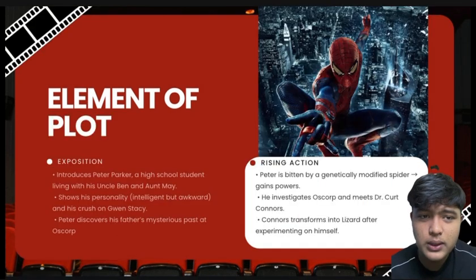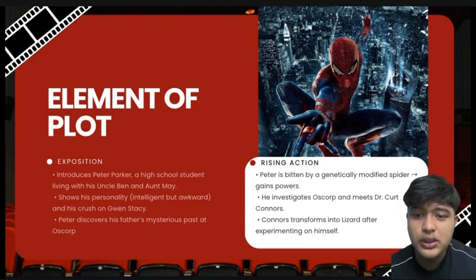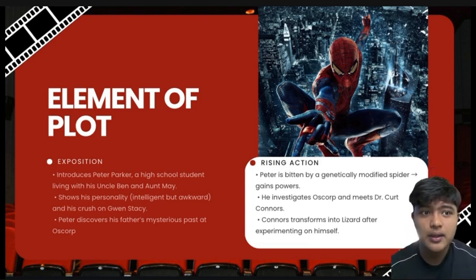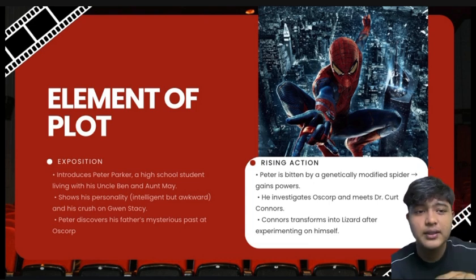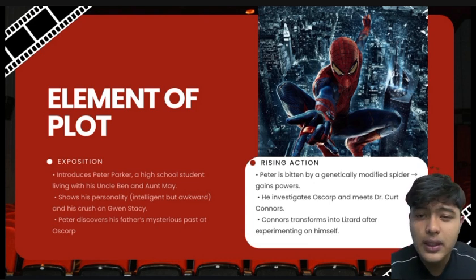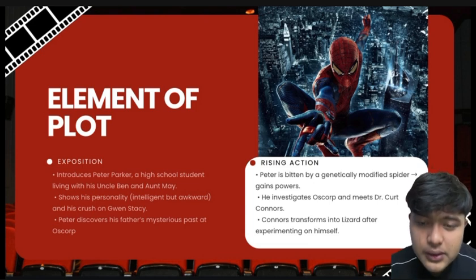Okay, for the next slide, we have plot, which is exposition and rising action. In the exposition, we are introduced to Peter Parker's background and his personality, also his daily life as a student. The rising action begins when he gets his power and starts investigating his parents' past.